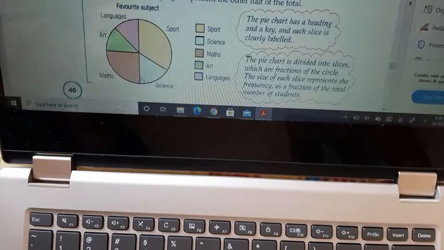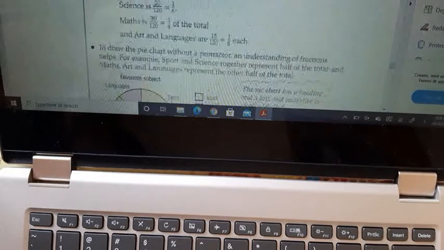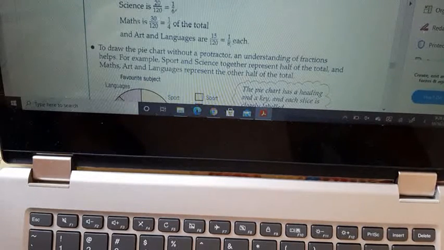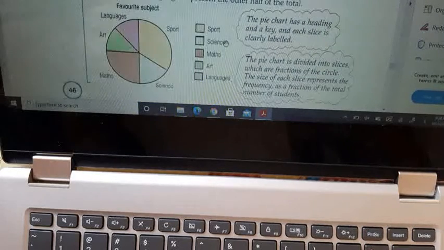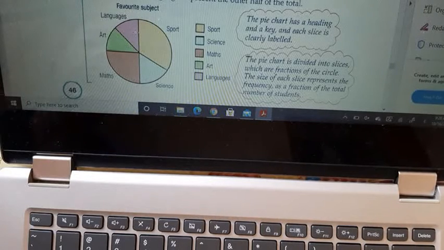For the math, it was a quarter of the circle. What about art and languages? Each of them had 1/8 of the total. So both of them together represent a quarter of the whole circle or the whole pie chart.